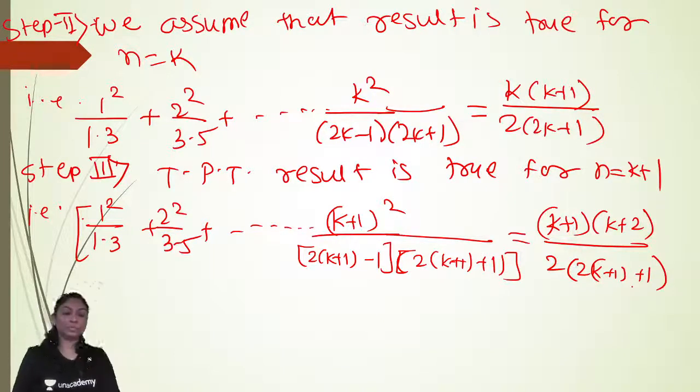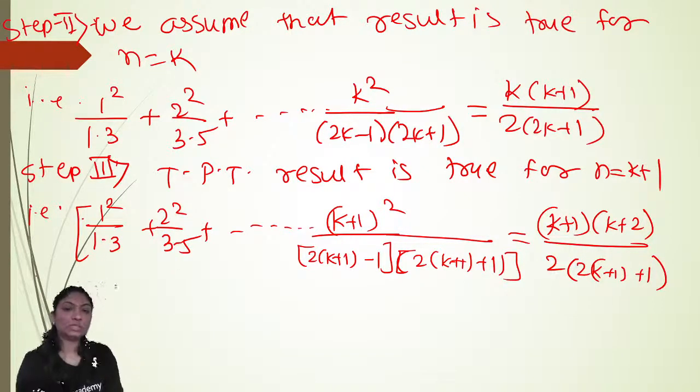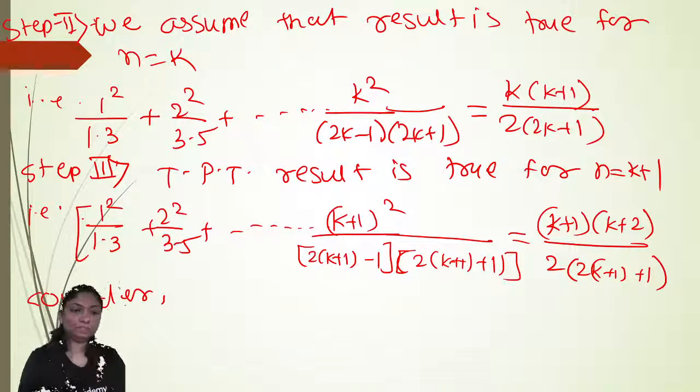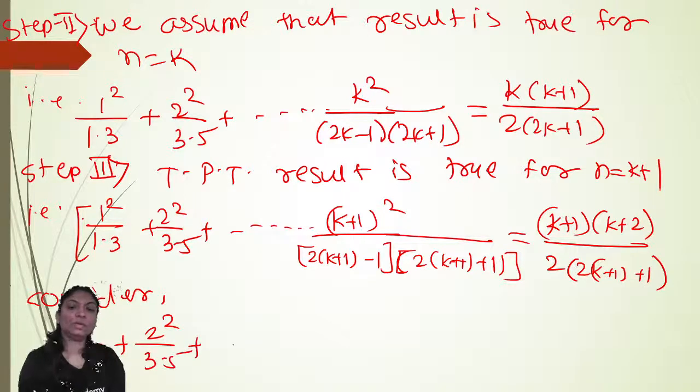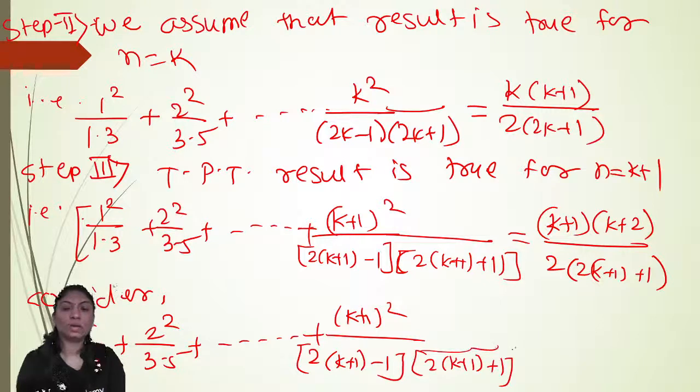Next, to prove this, consider your LHS: 1 square upon 1 into 3 plus 2 square upon 3 into 5, and so on, plus (k plus 1) square upon (2(k plus 1) minus 1) into (2(k plus 1) plus 1), okay?